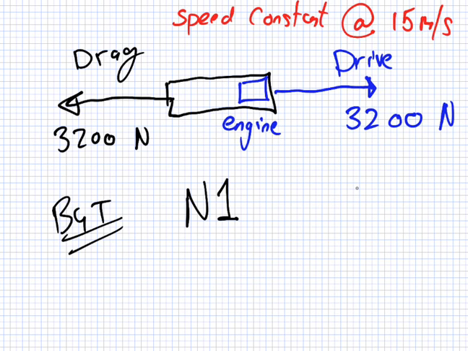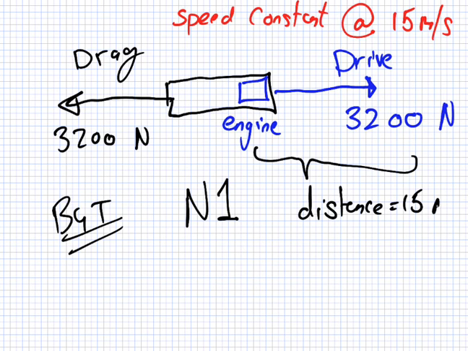So the question is, what's the work done per second? So in 1 second, how far does the car move? Yeah, 15 meters in 1 second, because its speed is 15 meters per second.